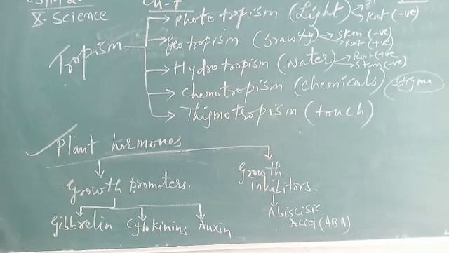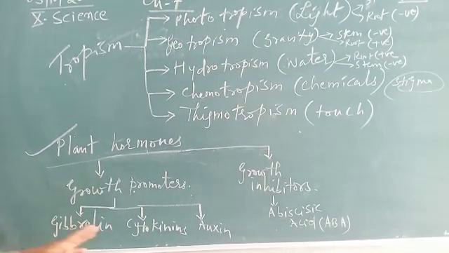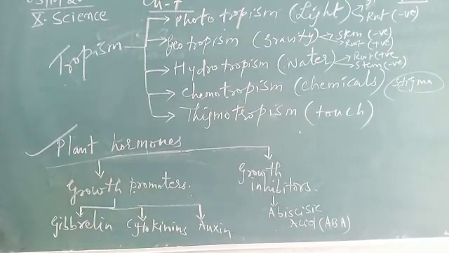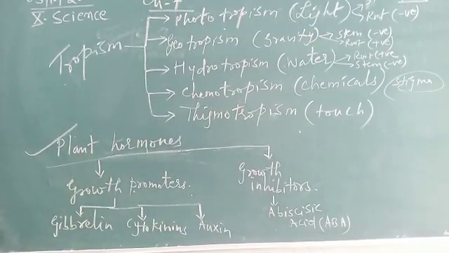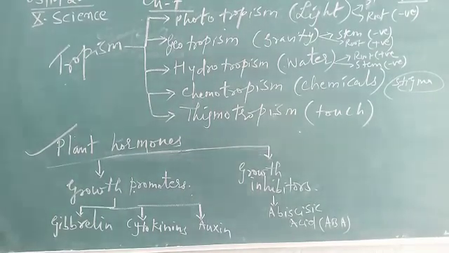It promotes cell division and causes a delay in the aging of leaves. Then the third one is auxin. Auxin promotes cell enlargement, cell differentiation and fruit growth, and it acts on the areas of shoot tips and fruit tips and helps in growth. Okay.